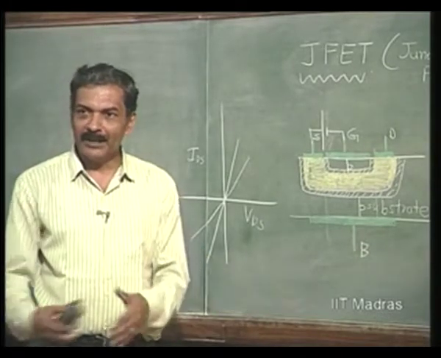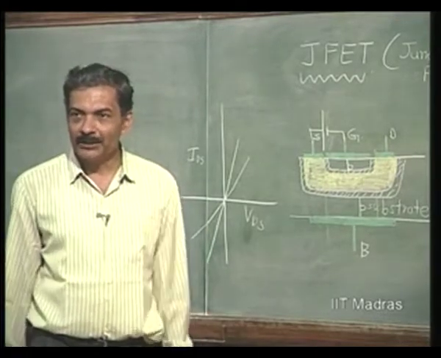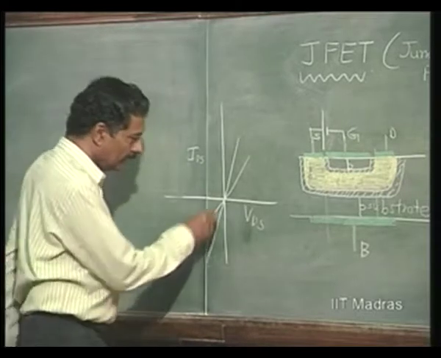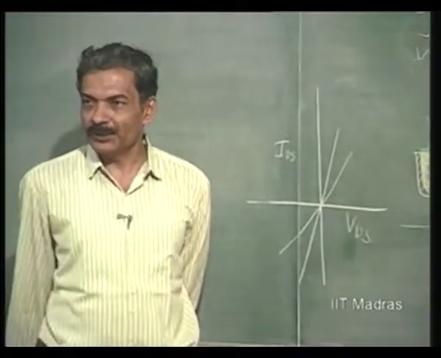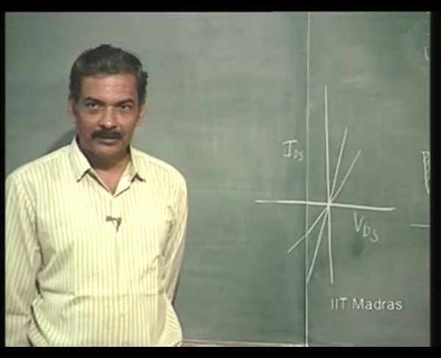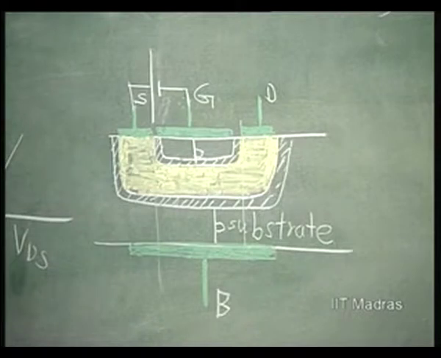Whenever the depletion layer width covers the entire channel, that voltage is called the pinch off voltage. So, here the only voltage that is important is the pinch off voltage. Since the channel already exists, the voltage that you apply to the gate for closing the channel is called the pinch off voltage.